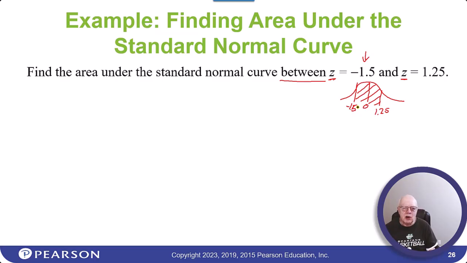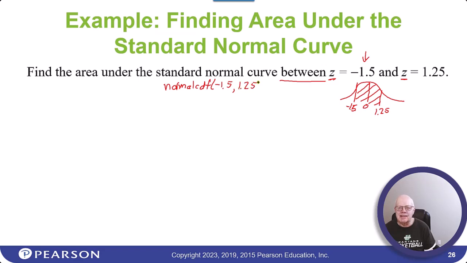So where am I going to go? You got this? I'm going to go to second bars. I'm going to pick out number 2, normal CDF. Where does it start? Negative 1.5. Where do we want to stop? 1.25.